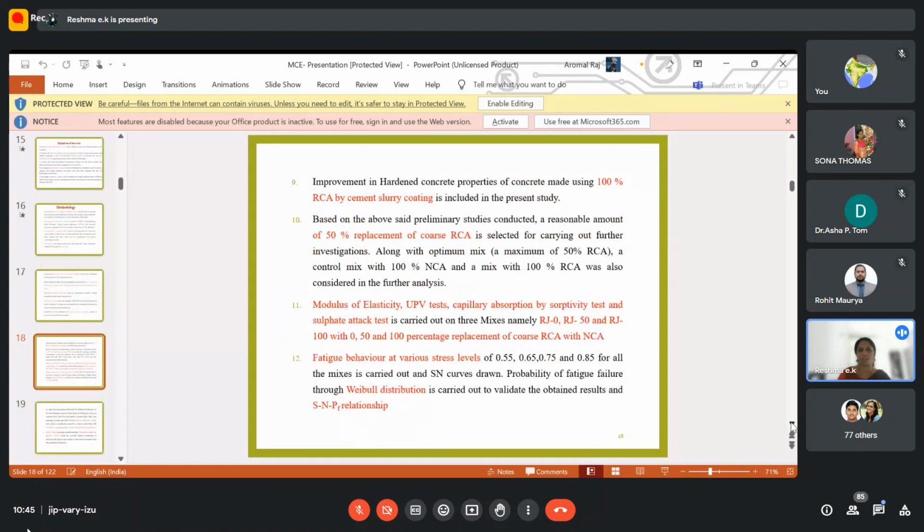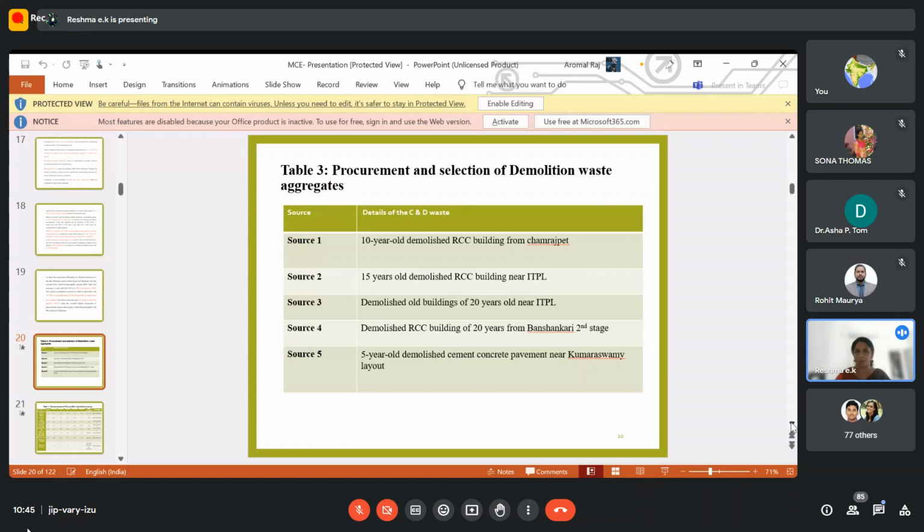Next, I'll go with this. Here, these are the sources, 5 different sources I have collected: 10 years, 15 years building, and 20 years, another one from 20 years, and another one a 5-year-old demolished cement concrete pavement, which I've taken very near to our college. So these are the 5 different sources.